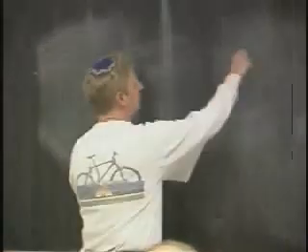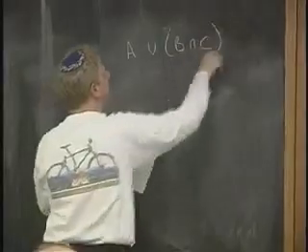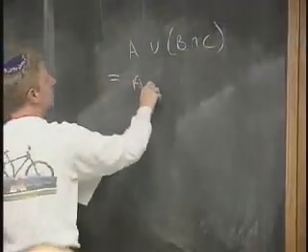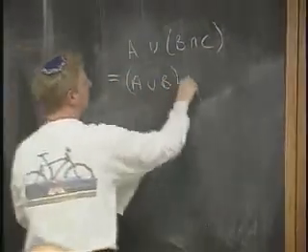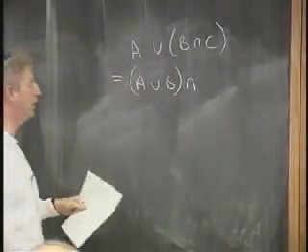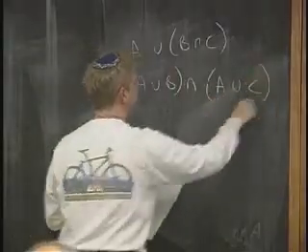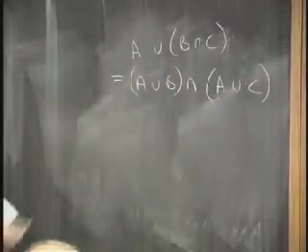Let me give you the distributive laws. It's just what you would expect, that union and intersection distribute just like and or. There's one distributive law.